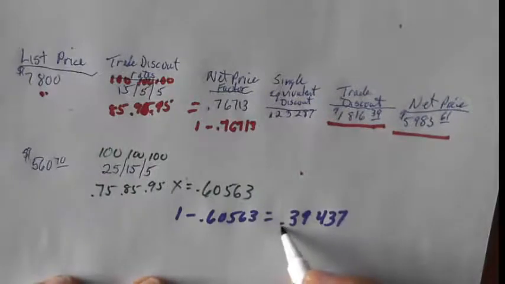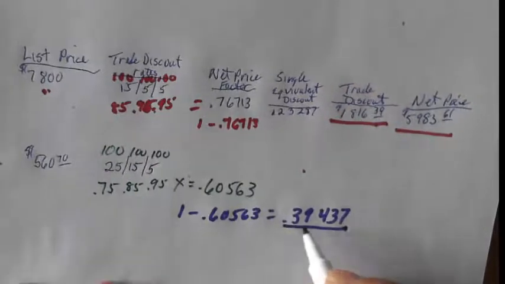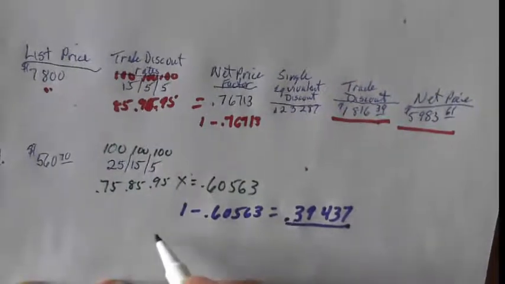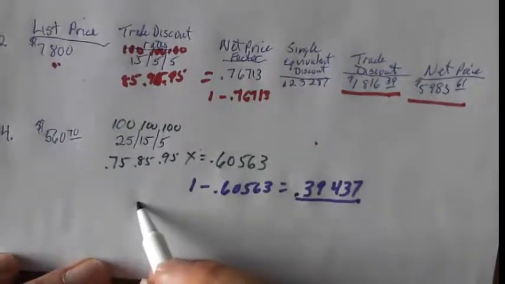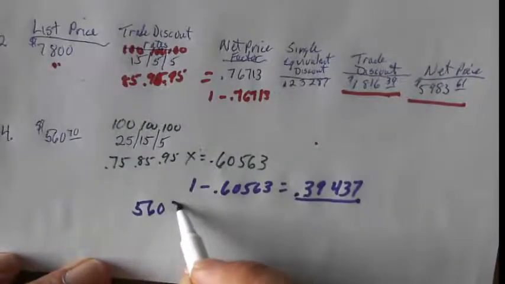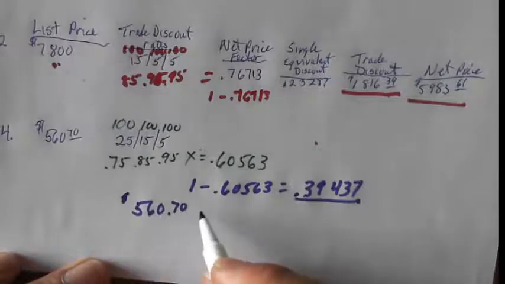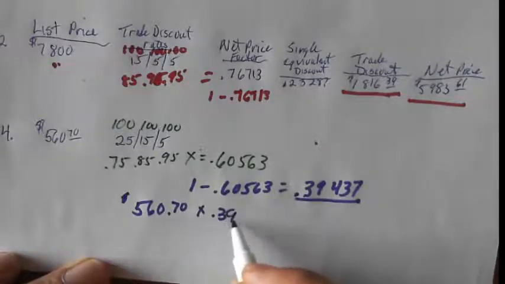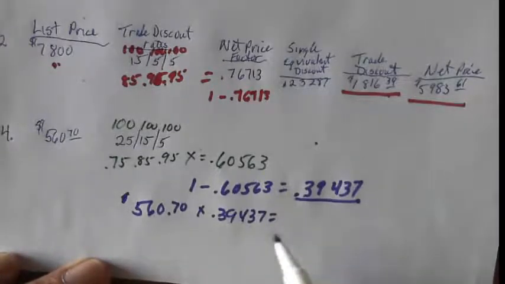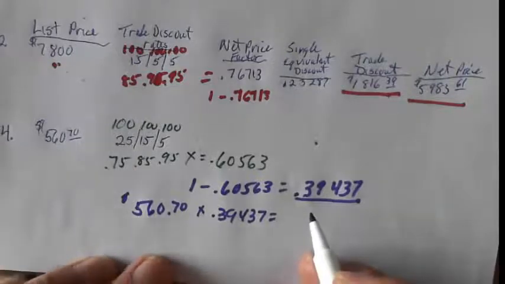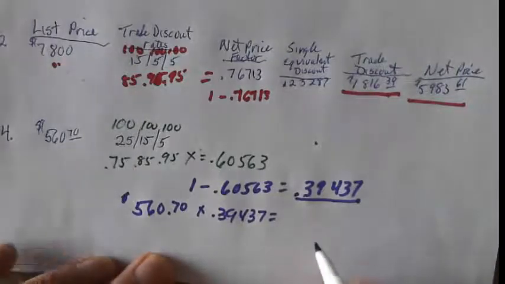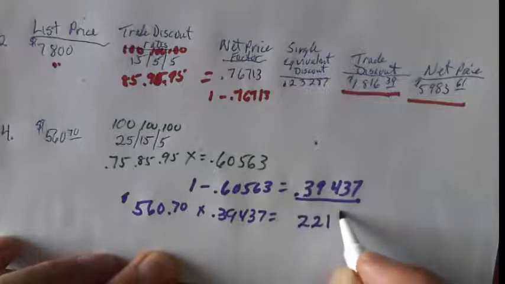So now we're going to plug this into the calculator, and we're going to multiply 560.70 times 0.39437. So we're going to multiply that. Again, that's going to be calculator on that, so that is going to give us 221.12.